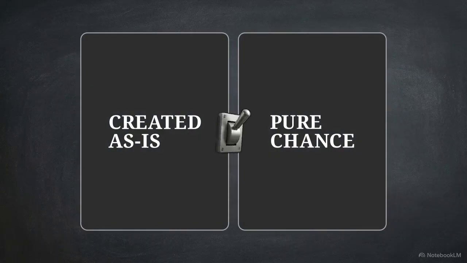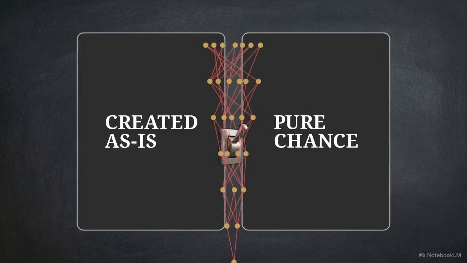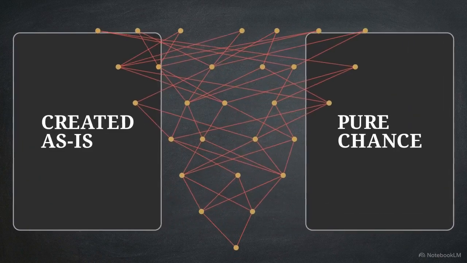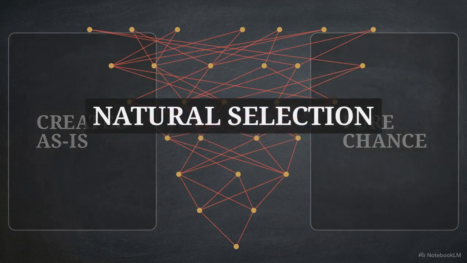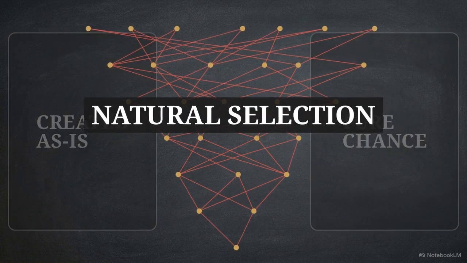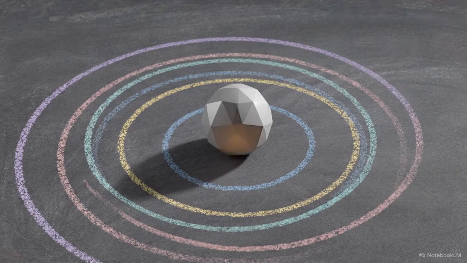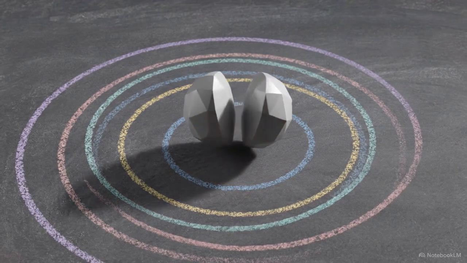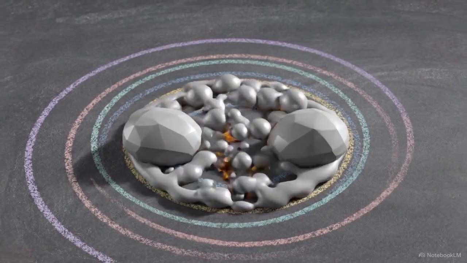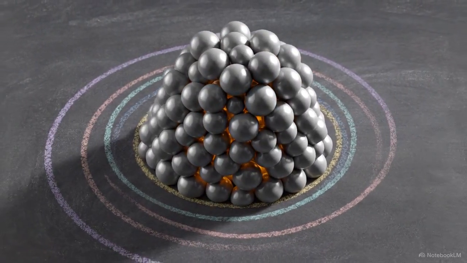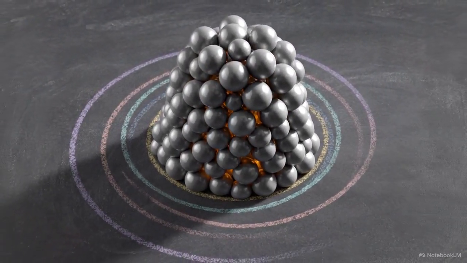Two rigid boxes, created as is, and pure chance, with a toggle switch jammed between them. This limits the options to two extremes, assuming the failure of the chance hypothesis guarantees the truth of the creator hypothesis. But a third option wedges between them: natural selection. Natural selection is a highly complex, traceable causal process. It differs entirely from pure chance, proving the initial options did not exhaust all plausible reality.